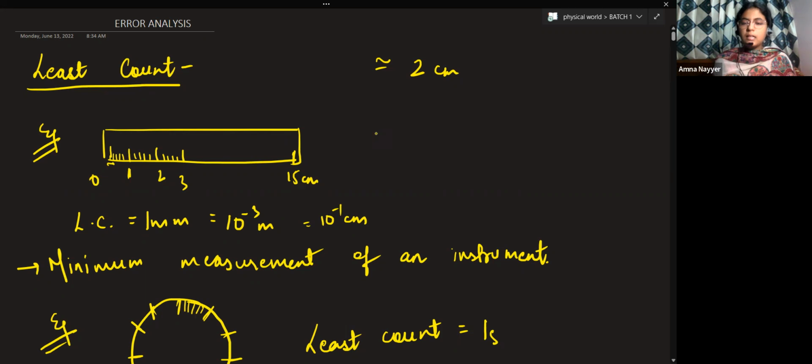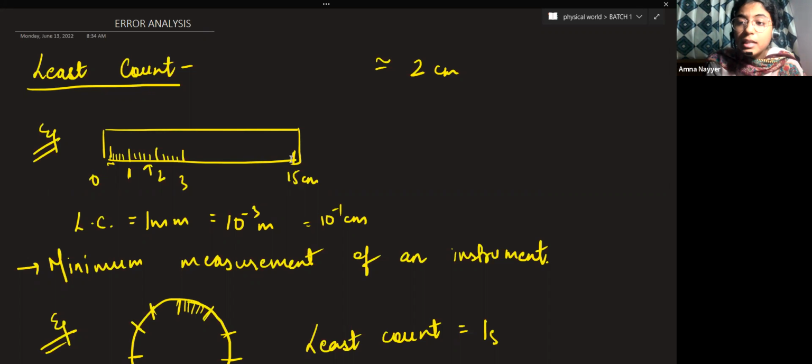If I get it in millimeters, it would lie somewhere here, or exactly 2 centimeters. So if I get it in millimeters, I'll know the answer is much more precise. It is closer to the actual value because I'm getting it in decimals, like 9.9, whereas in centimeters it will be a whole number.